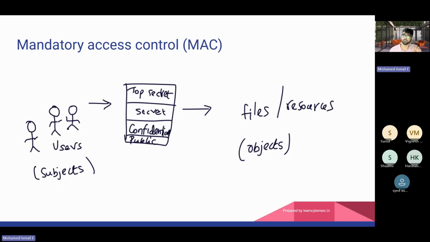In real time, this is used in Linux. In Windows, you can set file access, such as everyone or executable privilege, by going to properties.